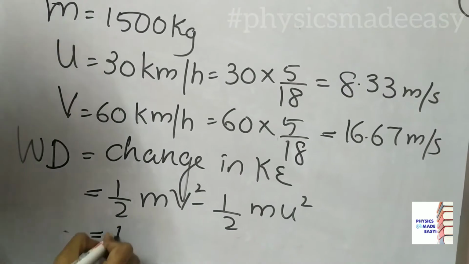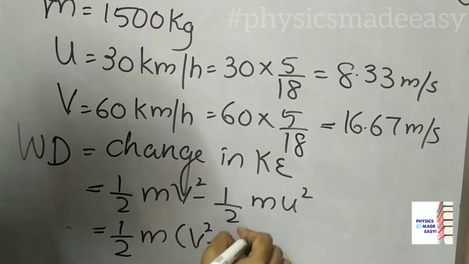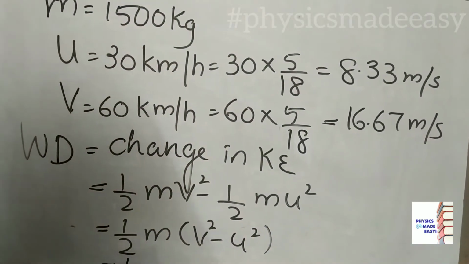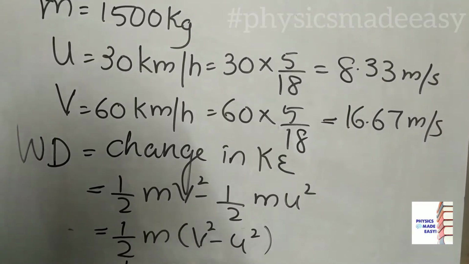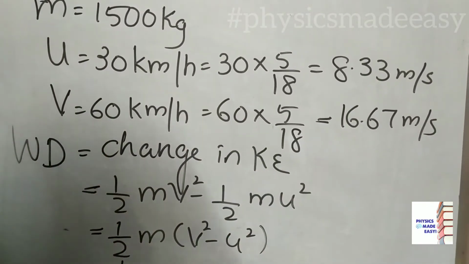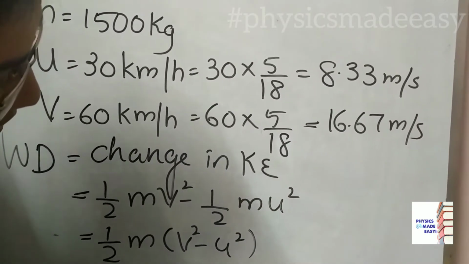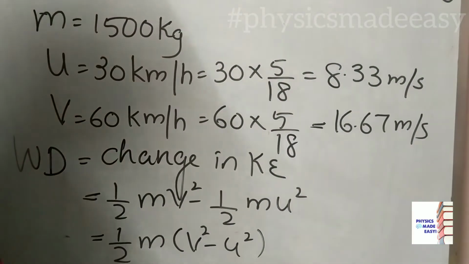This I am going to write as half m into v square minus u square. Okay, now we have to substitute the values in this. Half into 1500 into 16.67 square minus 8.33 square. Children, no need to find the square of this and the square of this.